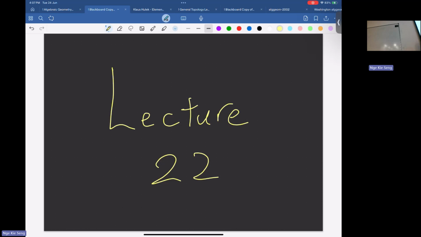So X are the coordinates for the affine space, and then Y are the coordinates for the projective space.